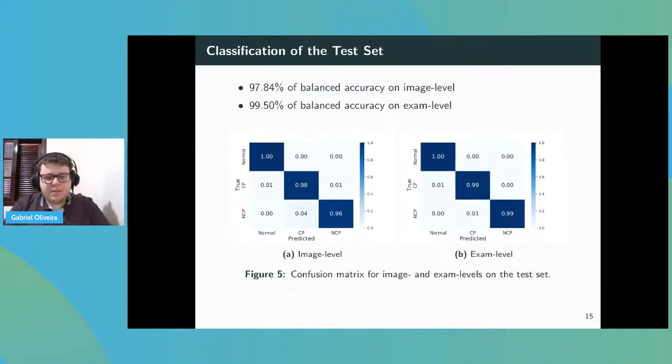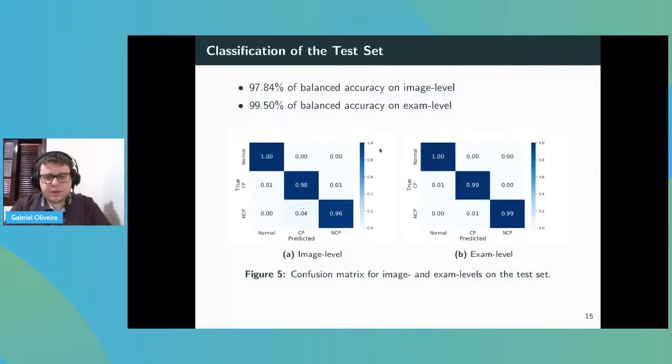Then we apply this best configuration on the test set. Considering the image level diagnosis, our method achieved 97.84% of balanced accuracy, and looking at the confusion matrix of image level diagnosis, we can see that the false negative rate for COVID-19 is close to 1%, close to our results in the validation set.